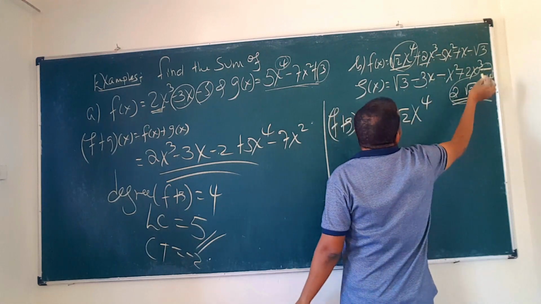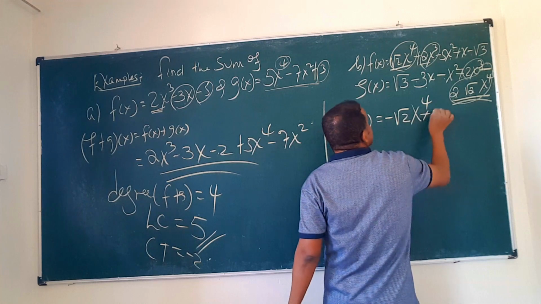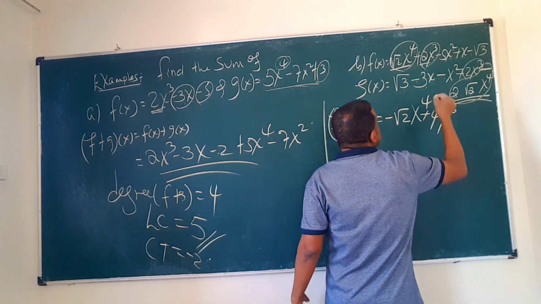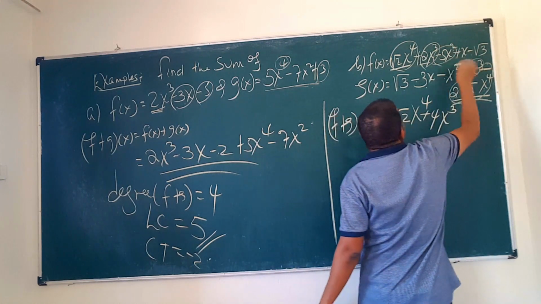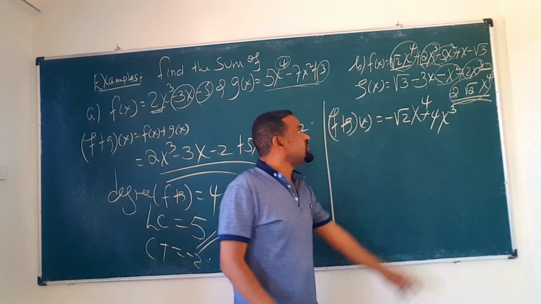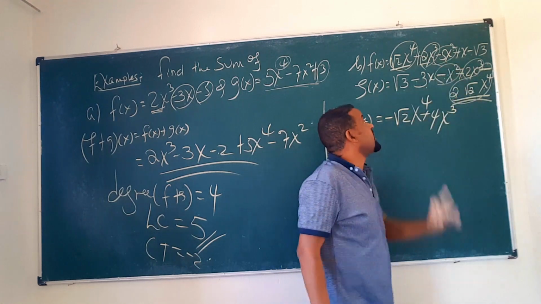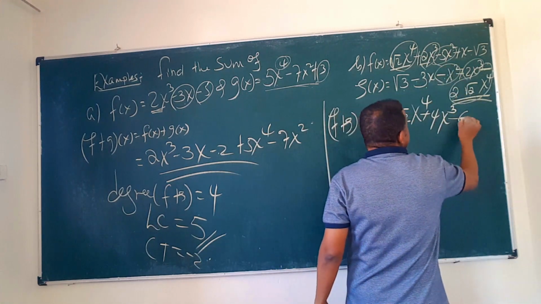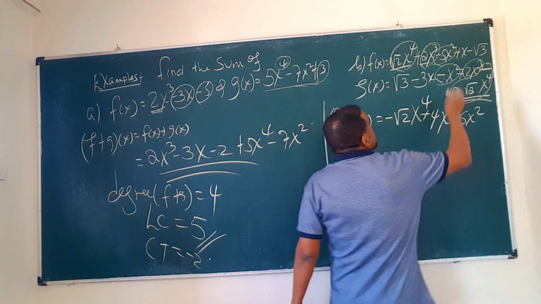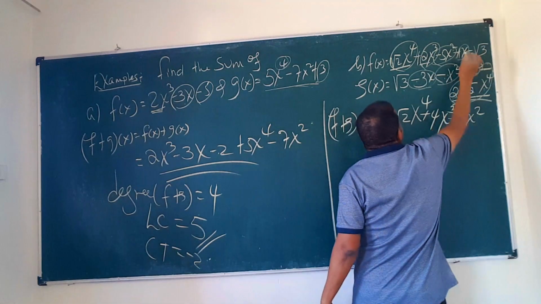2x cubed here and 2x cubed here, so adding them together gives 4x cubed. Negative x squared here, negative 5x squared here, so negative x squared and negative 5x squared give negative 6x squared. Here there is x and negative 3x, so negative 3x and x gives negative 2x.